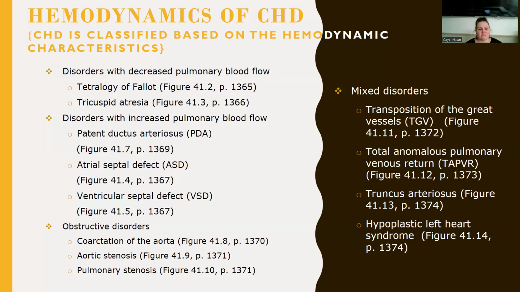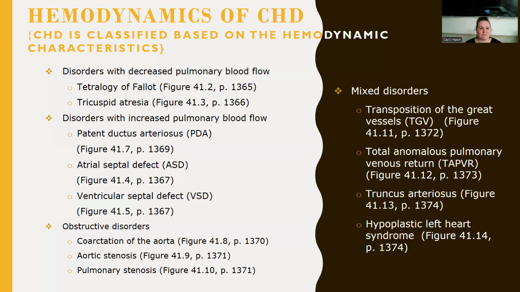Now, with the obstructive disorders, we have coarctation of the aorta, aortic stenosis, and pulmonary stenosis. And our mixed disorders, we have transposition of the great vessels or TGV, total anomalous pulmonary venous return or TAPVR, truncus arteriosus, and hypoplastic left heart syndrome.